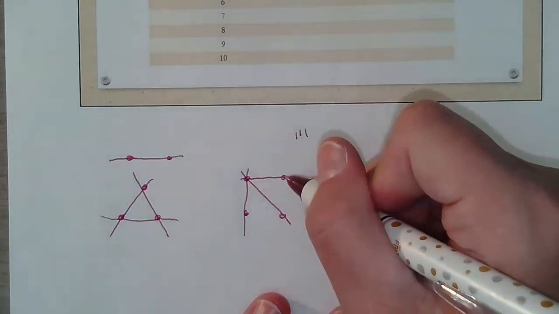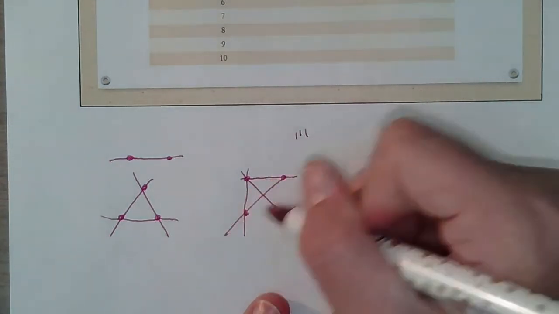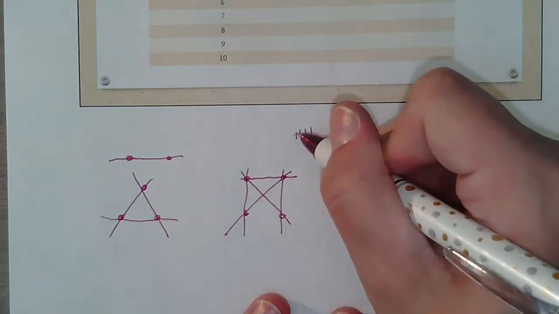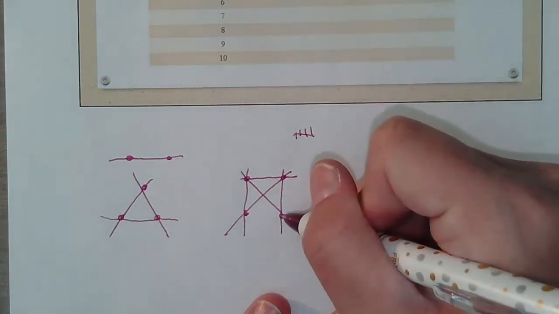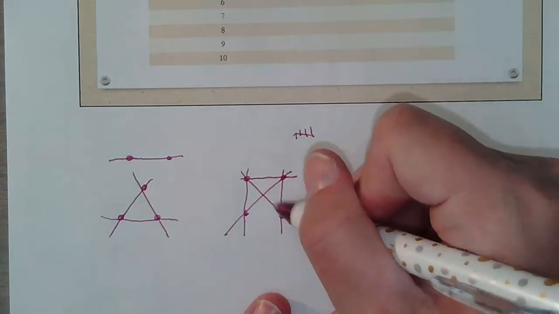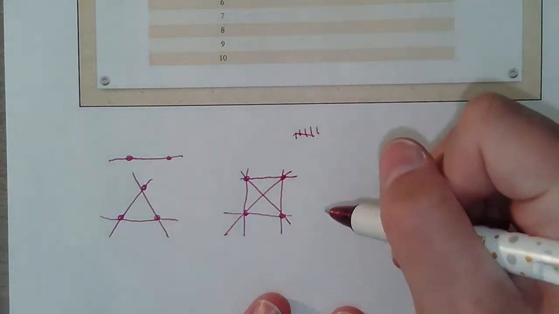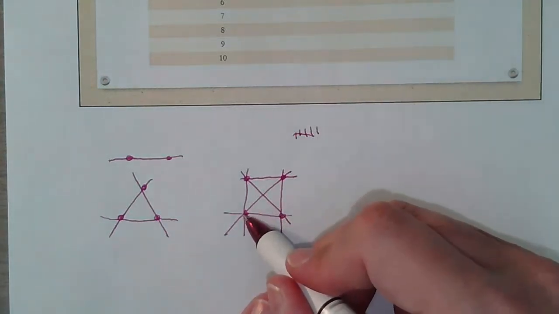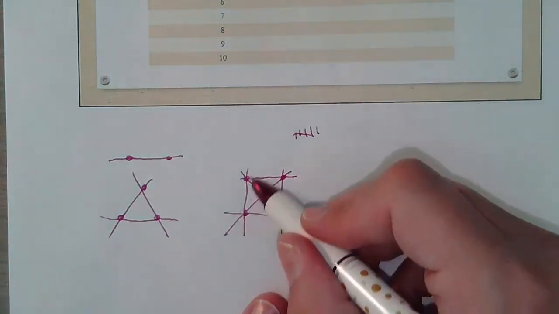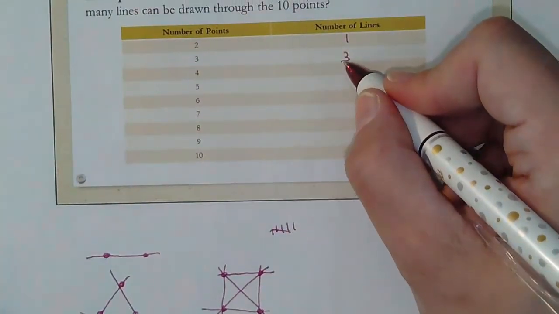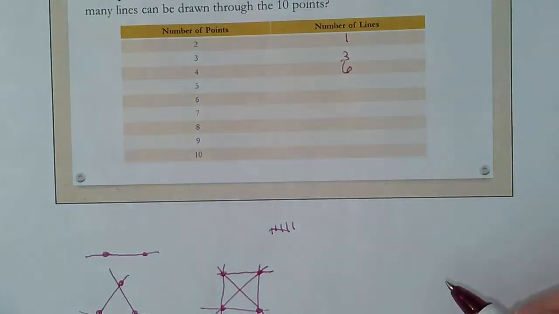This point has already gone here, but it can go here. So there's 4, and it can go here. So there's 5. This point has already gone here, it has already gone here, but it can go here. So that's 6. This one has already gone everywhere. So with 4 points, I can draw 6 lines.